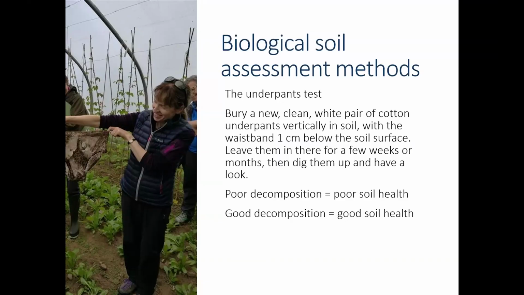So I did this work on Maggie Sutherland's beautiful organic farm up at Doors, just near Inverness, and we buried them in our polytunnel, and it was a bit shocking actually. The pants came out 6 weeks later, and honestly, you could have washed them in the washing machine and put them back on.